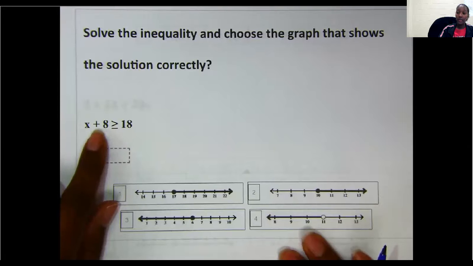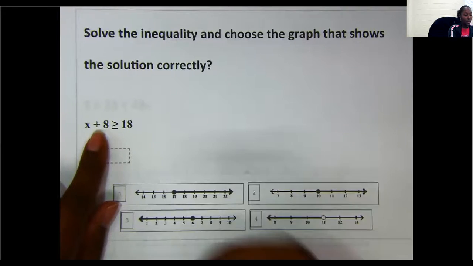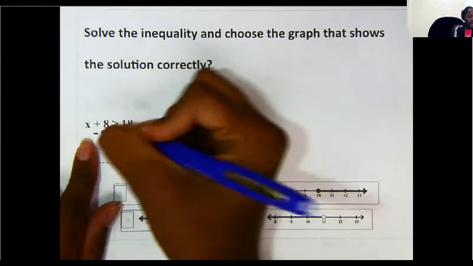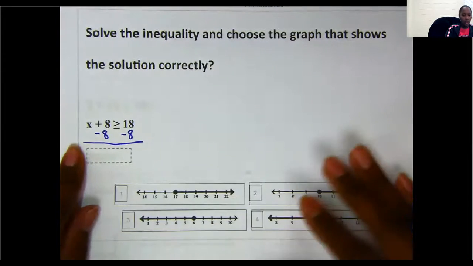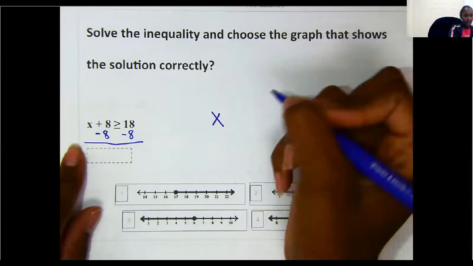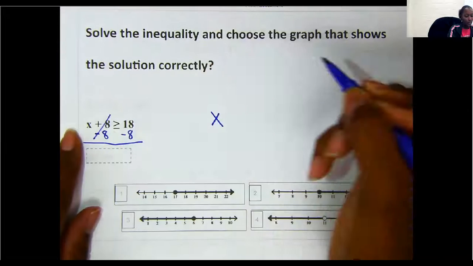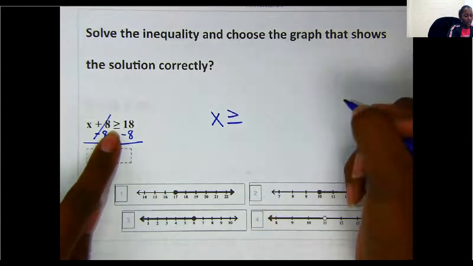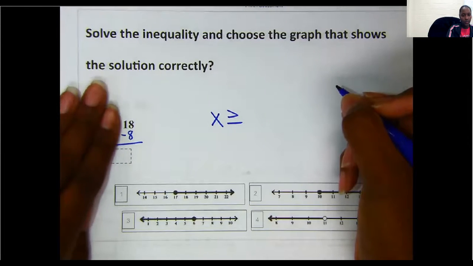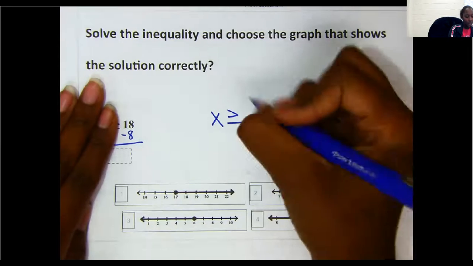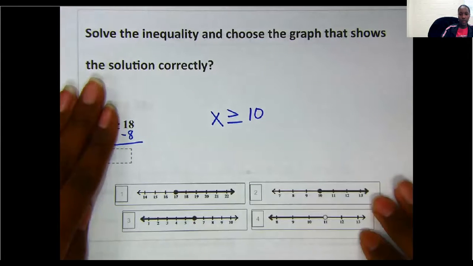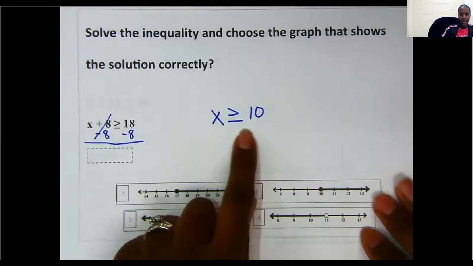The opposite of a positive is a negative. So I'm going to be subtracting 8 from both sides of the inequality. Okay, so I'm going to write over here x, because this cancels out, and then my symbol. Now I need to do the math over here. It says 18 minus 8. 18 minus 8 is 10. Okay, so I have solved my inequality.